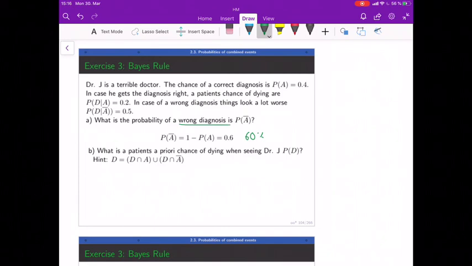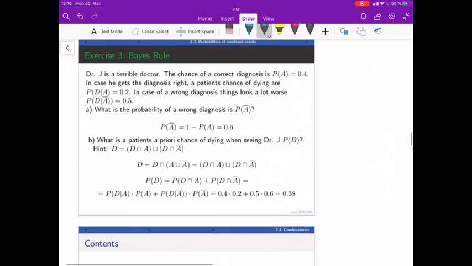Now, how do we calculate the second one? With this hint, we can do the following. The chance of death is like you could die with a correct diagnosis or with a wrong diagnosis. Yeah, 2 possibilities, and that adds up to all of sample space. This one here is omega, so I can just distribute it out.